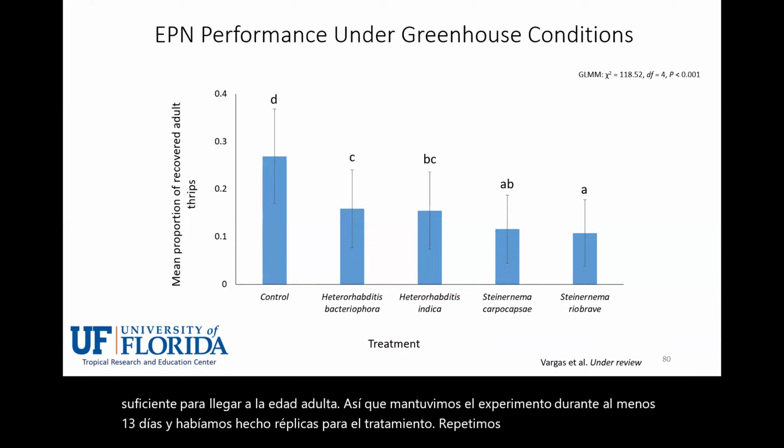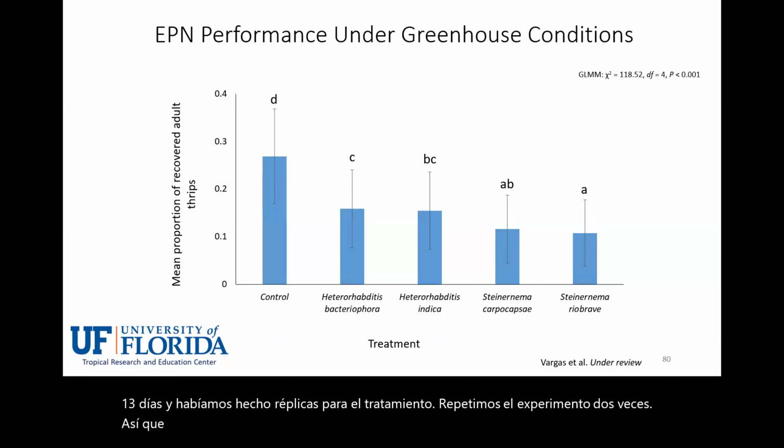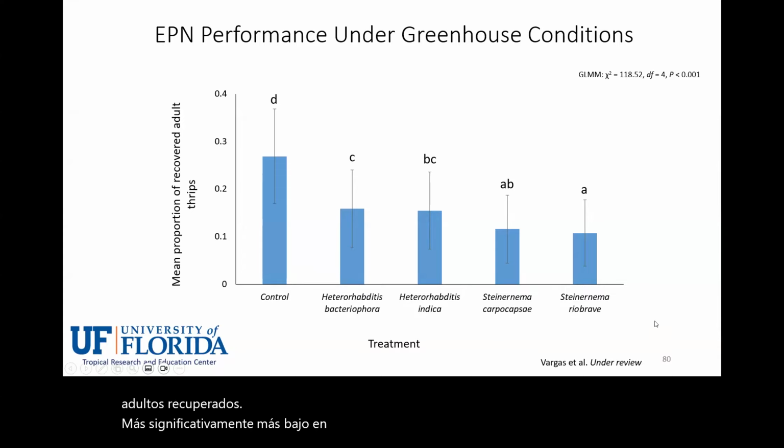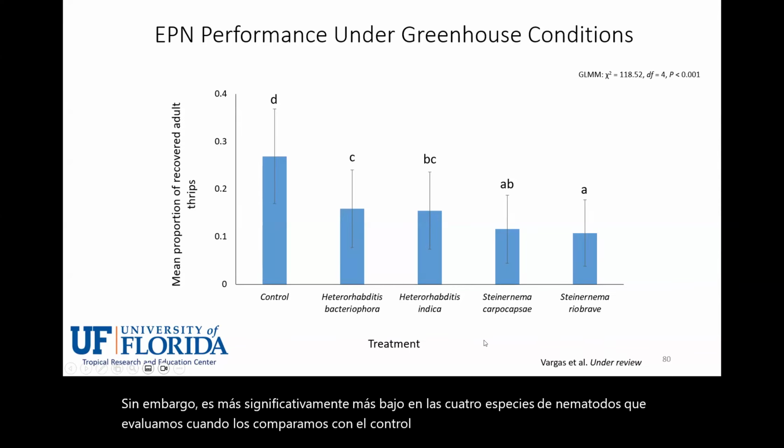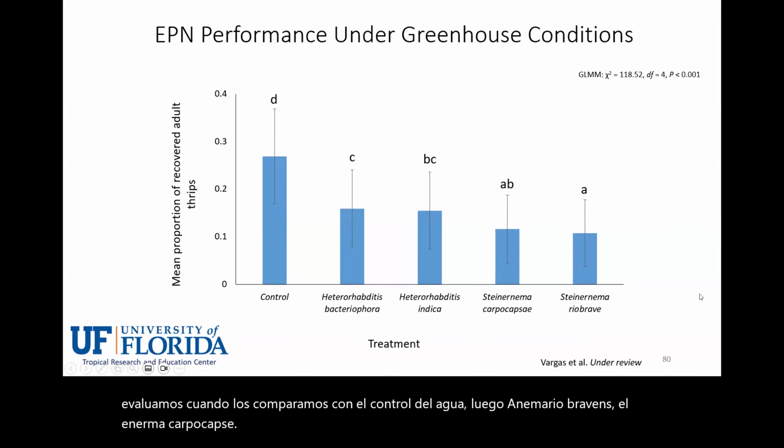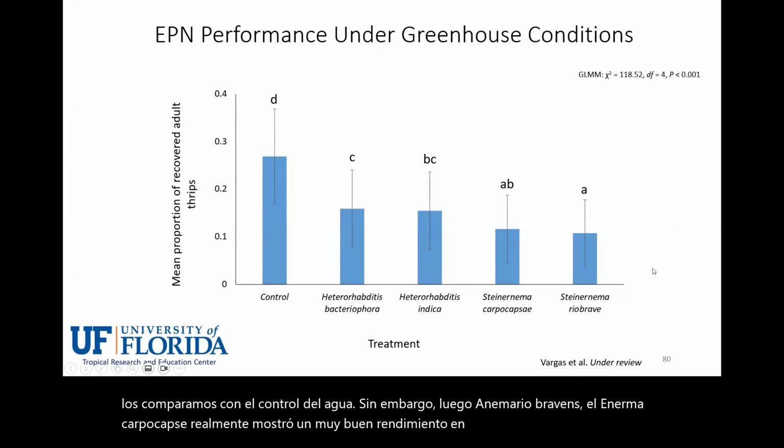Overall, our results show that the average proportion of recovered adult thrips was significantly lower in all the four species of nematodes that we assessed when we compare them to the water control. However, Steinernema rio brave and Steinernema carpocapsae really showed very good performance in comparison to the Heterorhabditis species.